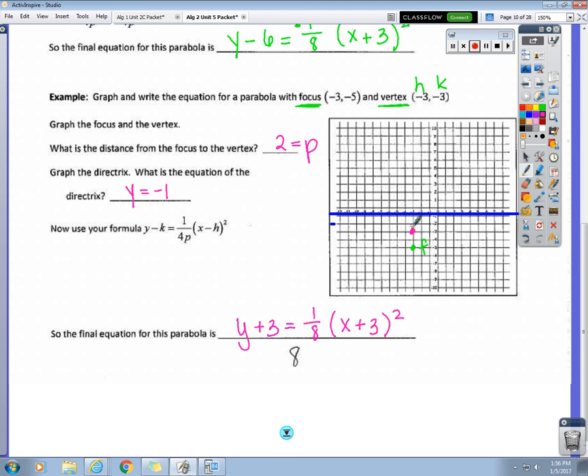And is the parabola opening up or down? Down, because the focus is always inside the parabola, so that means it has to open down towards the focus, which makes your a value negative.